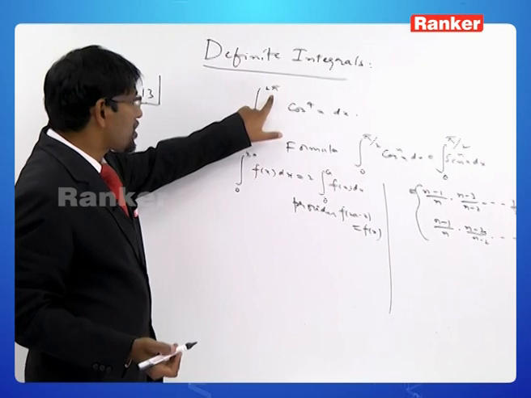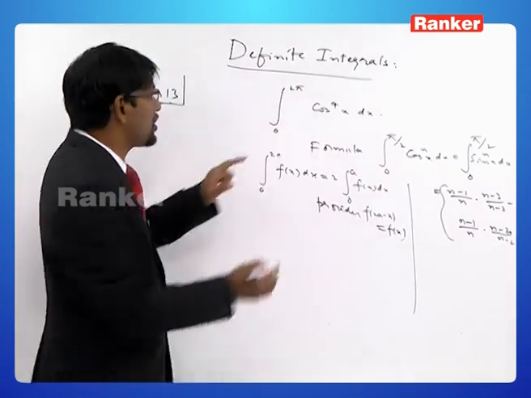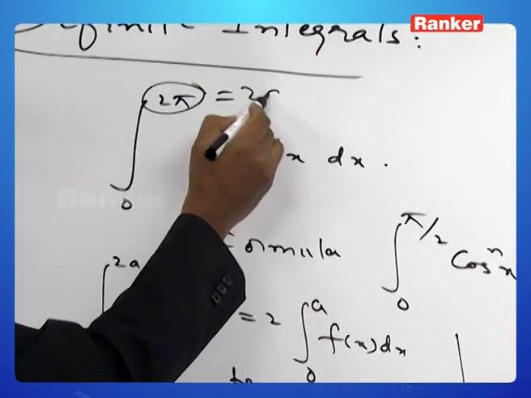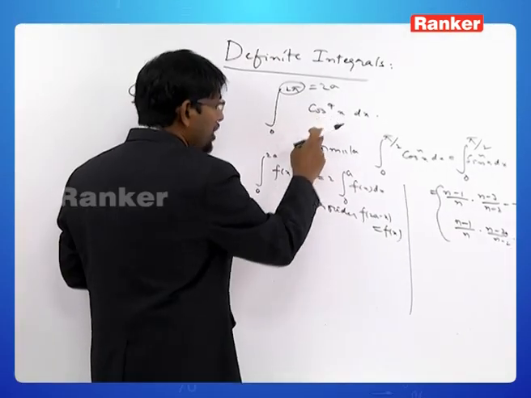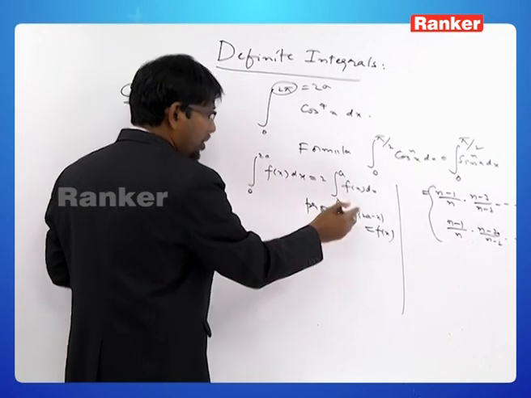Now if I replace x with 2 pi minus x, let's treat it as 2a. So what is a? Pi. That's what you have to do.